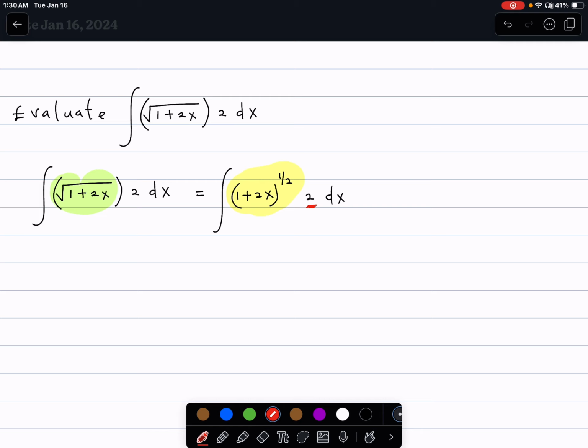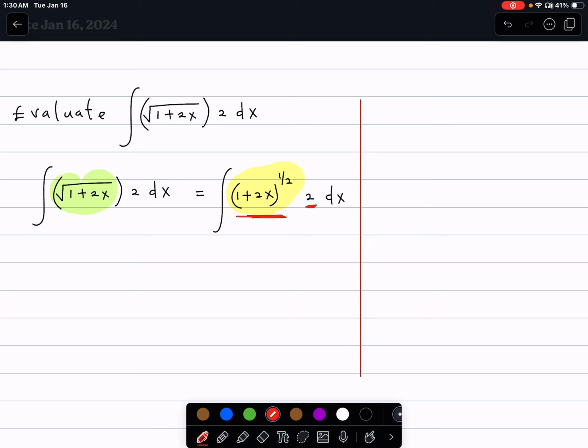So that's the complex part. Usually when you want to do a u substitution, you look at the complex part of the integral, the part that looks complicated, and that's what you call your u. So we are going to do it, and then I think it's going to become clear.